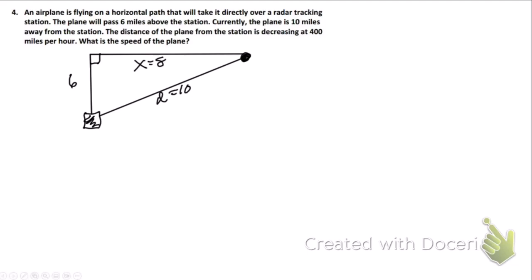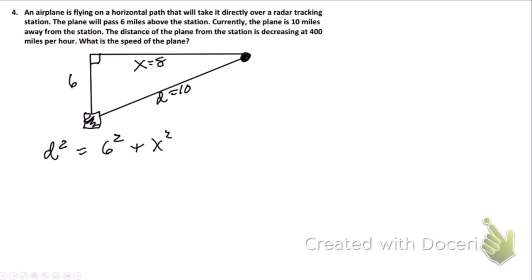Okay, so let's get an equation that relates all of these things together. We know it has a rate of negative 400 miles per hour, but we're going to wait a second to plug that in. So I know d squared equals 6 squared plus x squared. I know that 6 isn't changing, but everything else is. The thing we're calling x and the distance the plane is from the station are changing constantly, and they're related to each other.